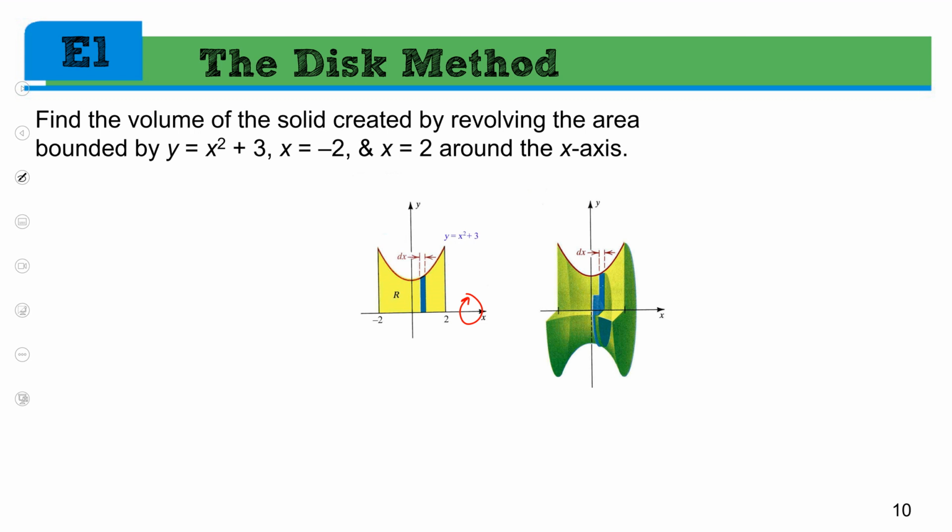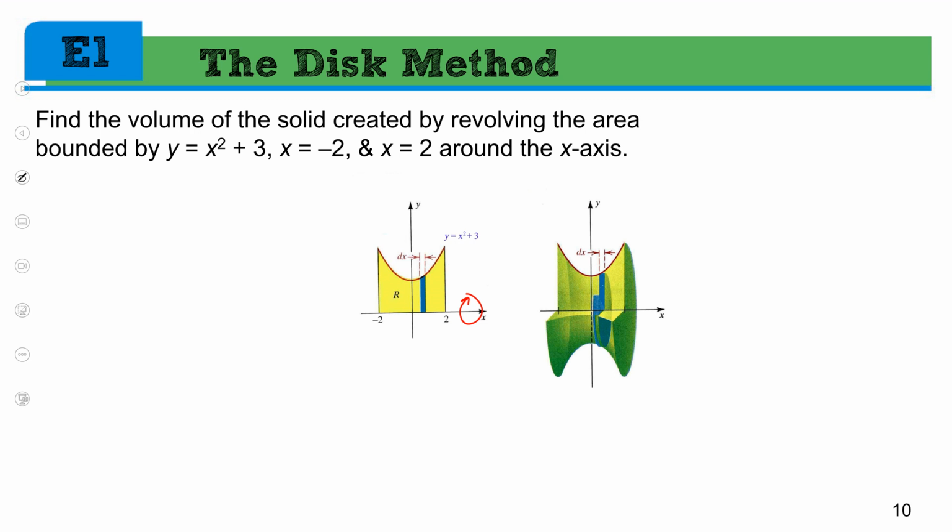Here are the questions I ask myself when I start these problems. The most important question is, is my rectangle perpendicular to the axis of revolution? If it's not, I screwed up somewhere. Number two, is my rectangle touching the axis of revolution?